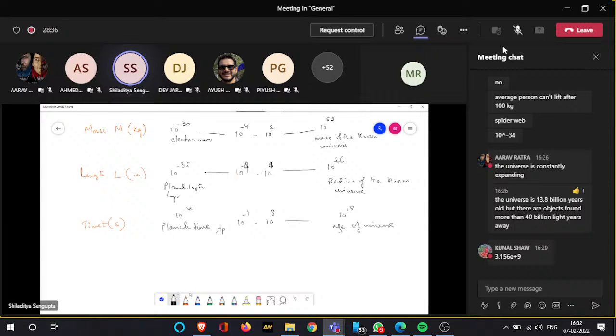What is a typical speed of a snail? One centimeter per second. It's probably less than that, at least one order of magnitude less. Probably something like 1 millimeter per second.